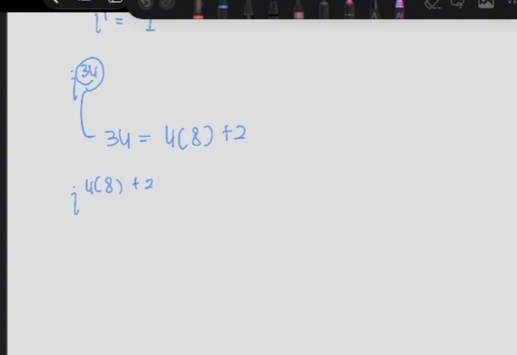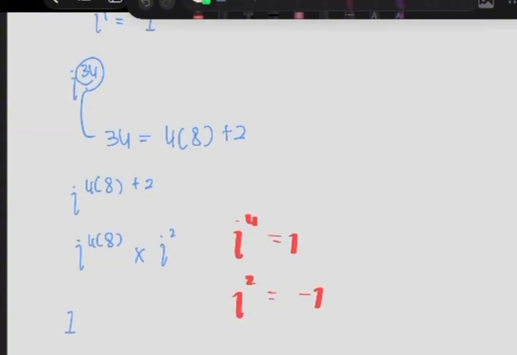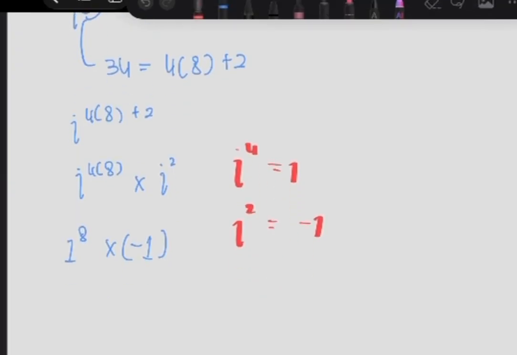So we have i to the power of 4 times 8 plus 2, which becomes i to the power of 4 times 8 multiplied by i squared. We know that i to the power of 4 equals 1 and i squared equals -1. So we get 1 to the power of 8 multiplied by -1. So 1 to the power of 8 is 1 times -1, and the answer is -1.